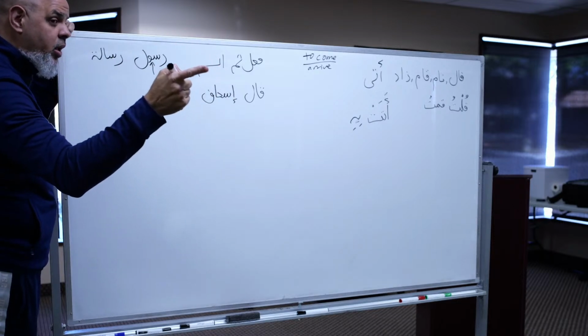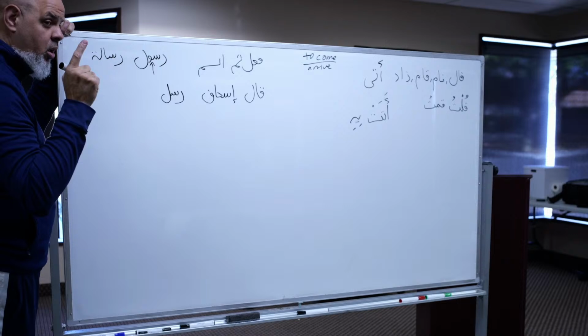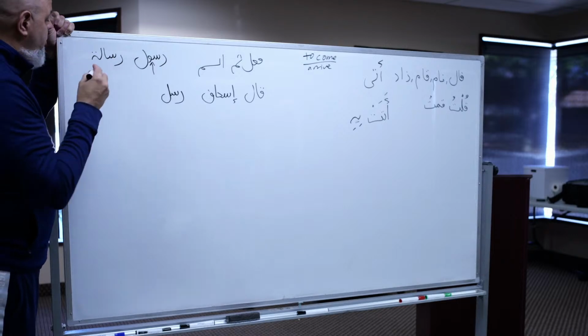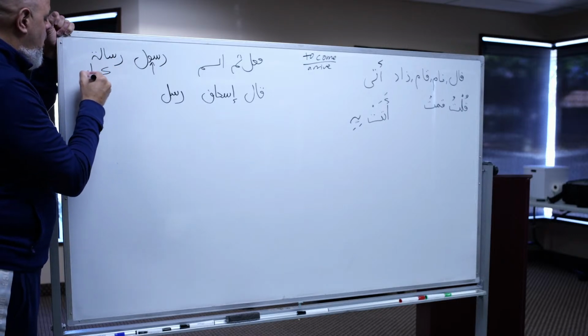Just like al-kalimat al-thaniya. What's the second word there that we have after rusul? مش كتاب. هذا كتاب.